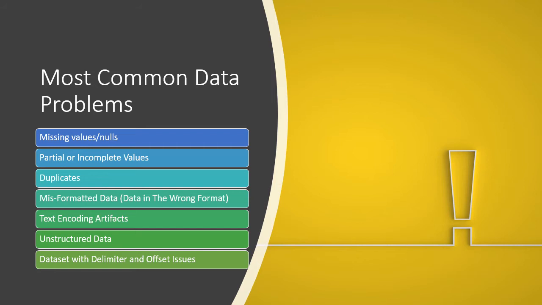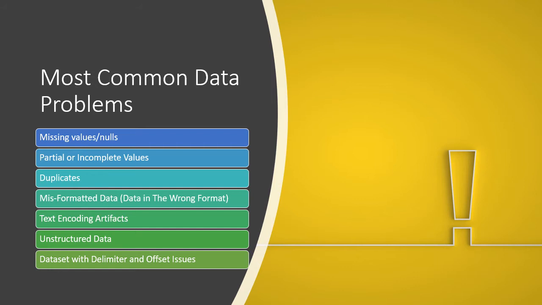And misformatted data, data in the wrong format, also caused by text encoding artifacts. Maybe the survey is on a different platform, and when you transfer it to your spreadsheet, it becomes different, it becomes horrible. Unstructured data, in particular if you survey to get content from social media, like comments, images, videos, it has to be put in a proper structure first before you can analyze them.